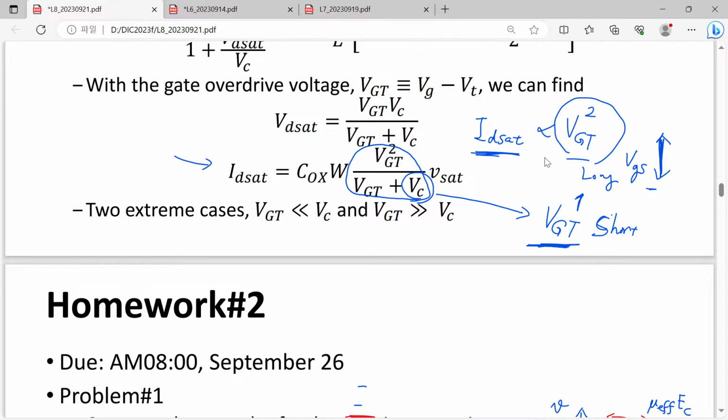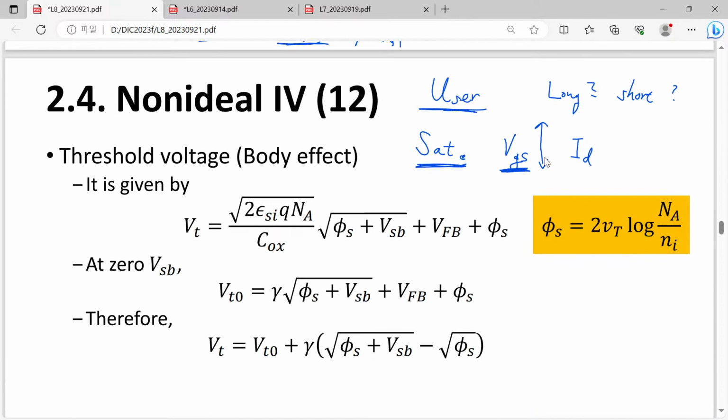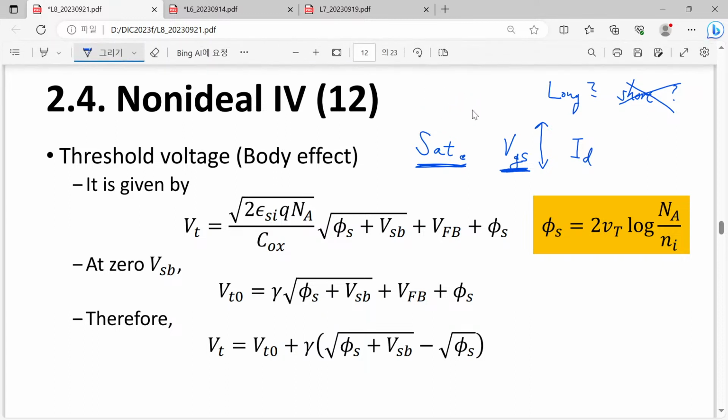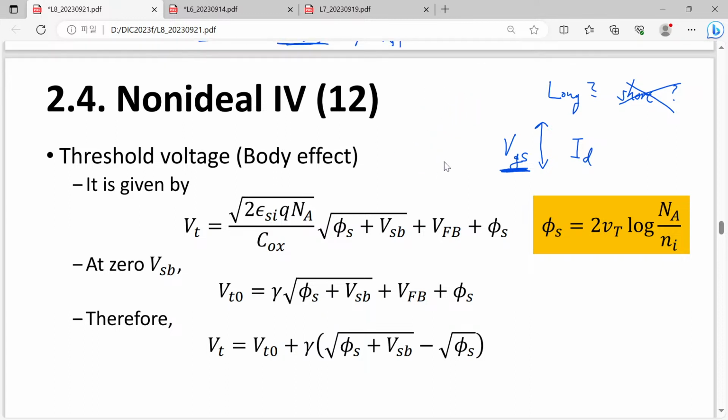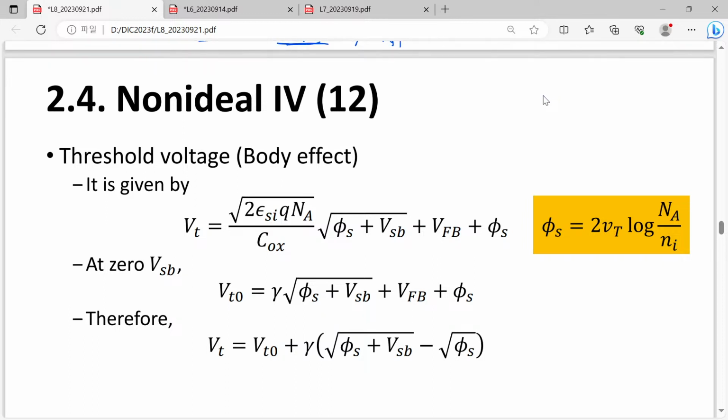So from the viewpoint of a user or designer, this short channel effect is not desirable. We want a more sensitive dependence. We will see this difference later in this lecture. Please remember that. From the viewpoint of saturation current, short channel effects just reduce the sensitivity of our transistor with respect to the gate voltage.